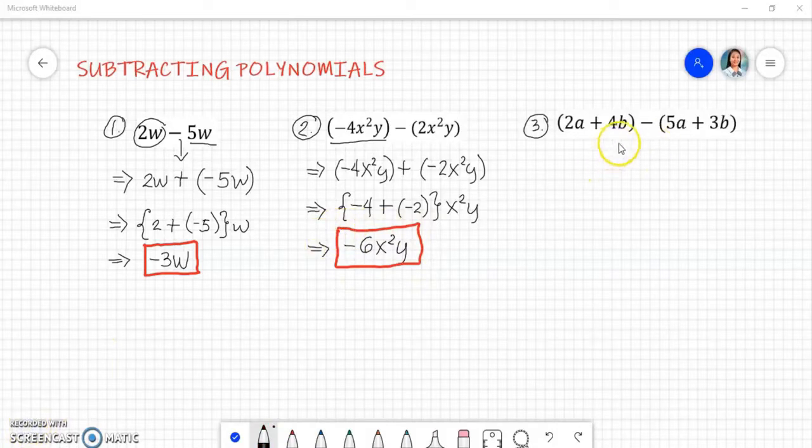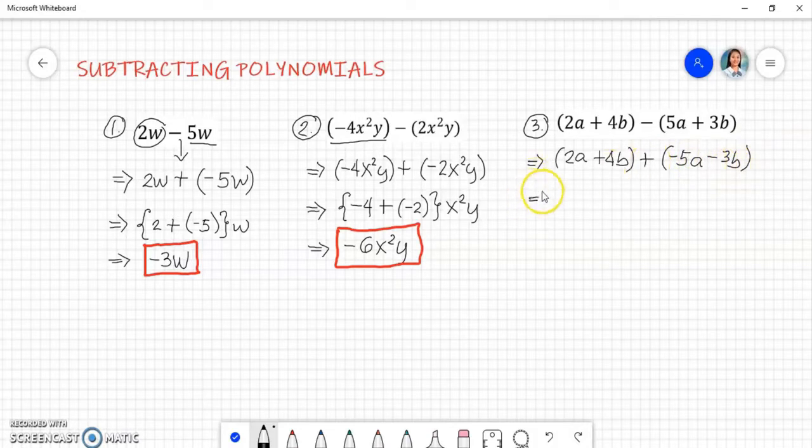2a plus 4b minus 5a plus 3b. Okay, before anything else, change the sign first. 2a plus 4b plus, get the opposite sign of the subtrahend, negative 5a minus 3b.